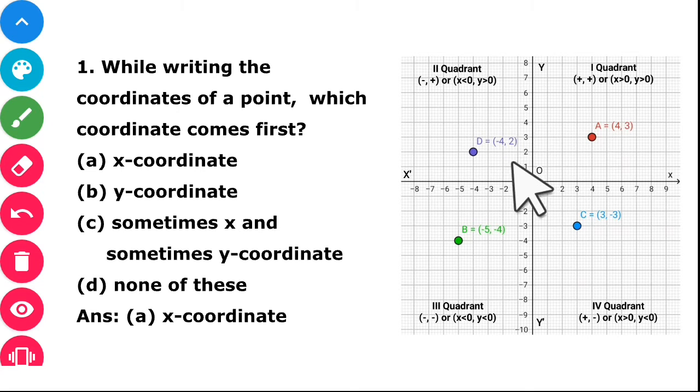In Cartesian plane, each point is comprised of two values, in which the first value is known as the x coordinate or abscissa, and the second value is known as the ordinate or y coordinate. So our answer for this question is x coordinate. Let's move to the next question.